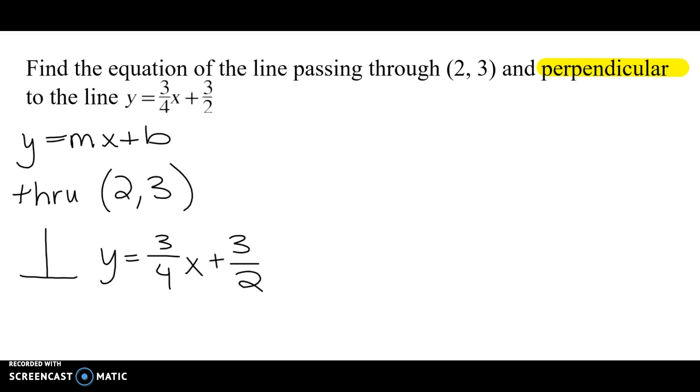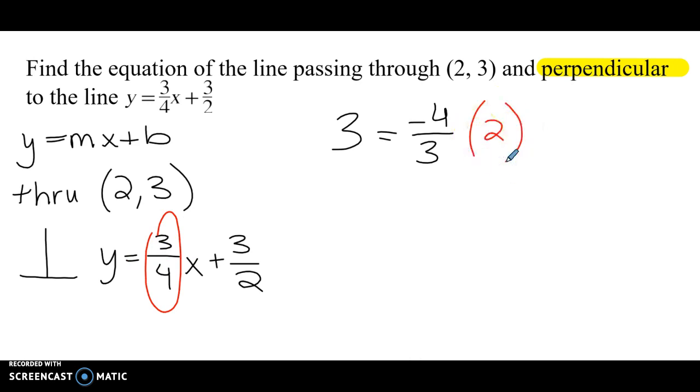So we should have plugged in 3 for y, -4/3 for m. How did I get that? It's the opposite reciprocal of 3/4. X needs to be 2, and then plus b, we don't know. So if you're not good with fractions, just use your calculator.